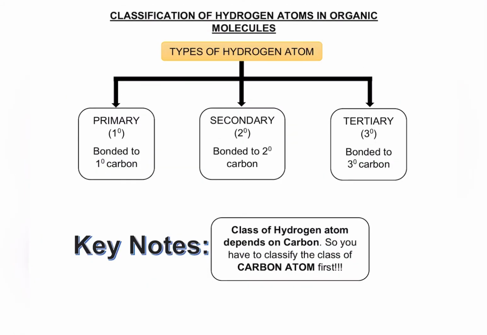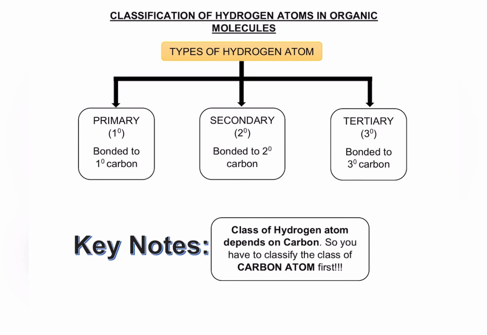For the next one, we are going to classify hydrogen atoms in organic molecules. The most important thing, you have to know that there are 3 types of hydrogen atom, quite different from the carbon atom. We got only 3 here: primary hydrogen atom, secondary hydrogen atom, and tertiary hydrogen atom. So primary hydrogen atom means that hydrogen atom that you want to classify is bonded to primary carbon.